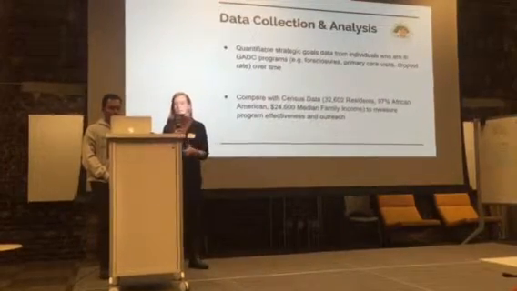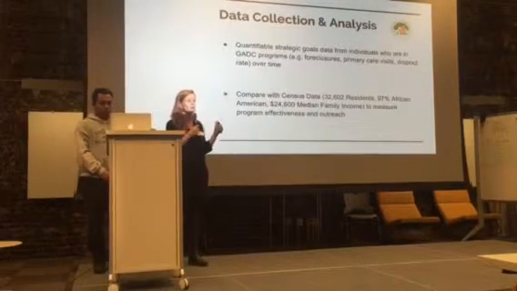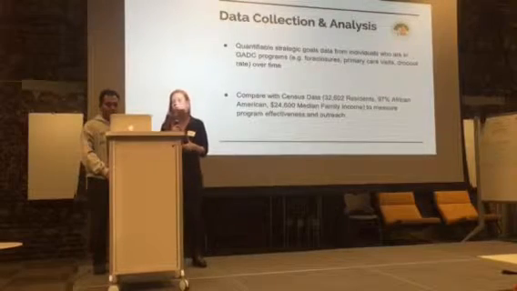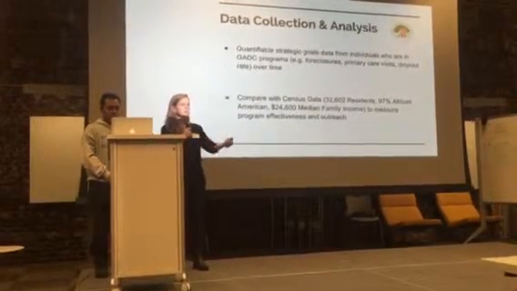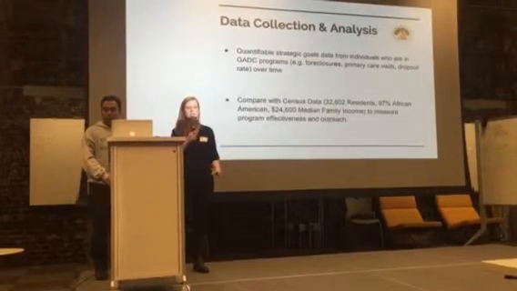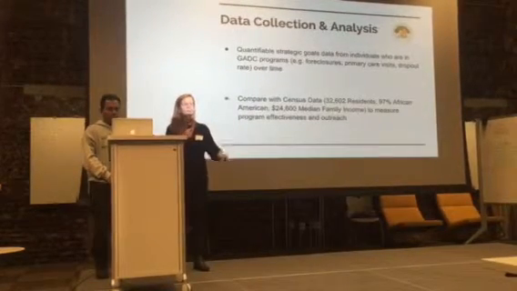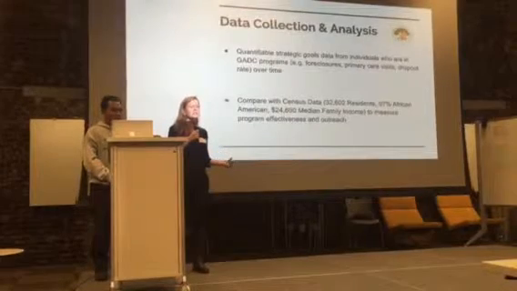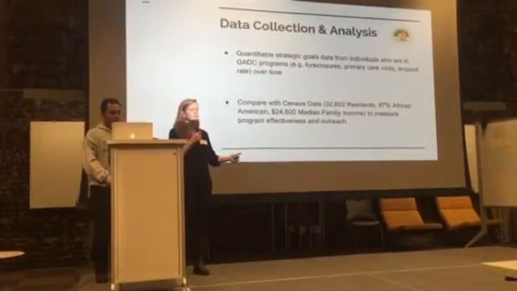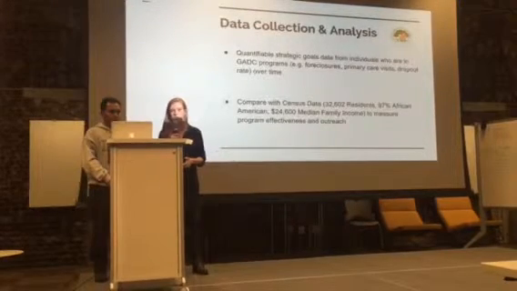The first is being able to quantify those strategic goals that we spoke about a couple slides ago. Really being able to show not just, yes, we served X number of people in our community, but being able to say, over this year, or over 2 years, we're actually able to increase the number of students who are attending school, or whatever those metrics would be in the different organizations.